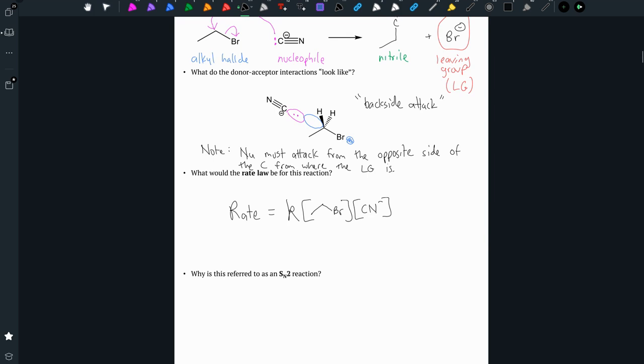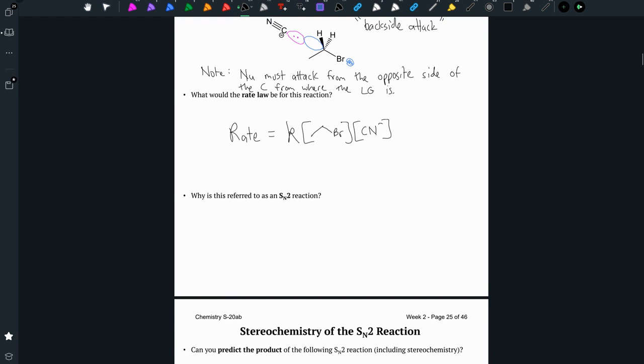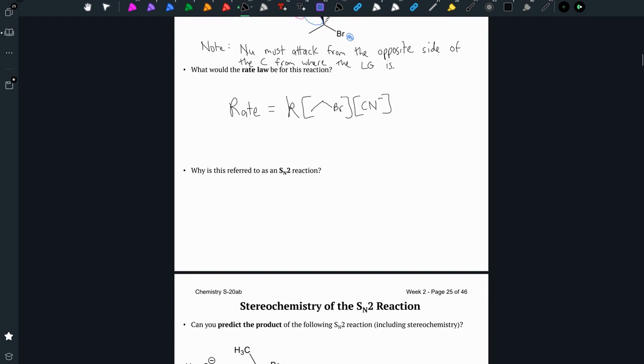The fact that we can experimentally show that this rate law matches the rate law of the reaction gives us evidence that this is the mechanism that it follows. So I would say you can ignore this question of why it's called an SN2 reaction. The 2 is just saying 2 molecules in the rate law.